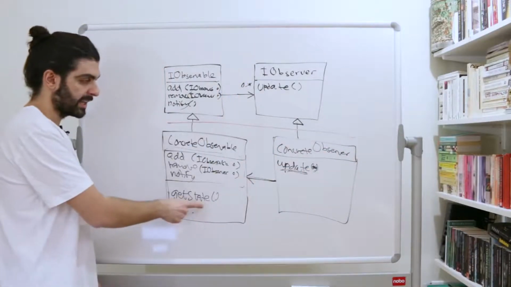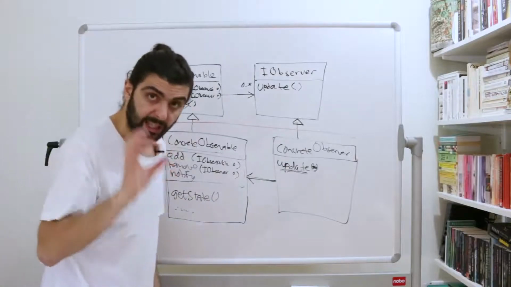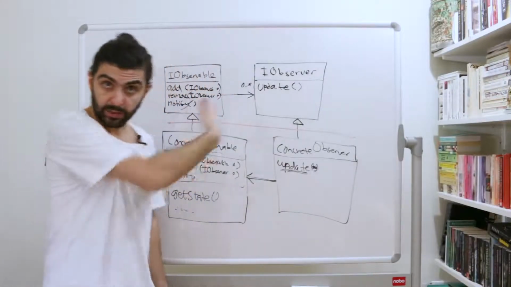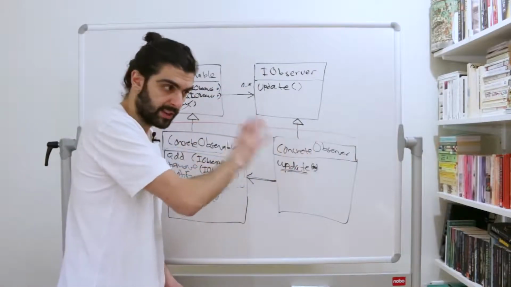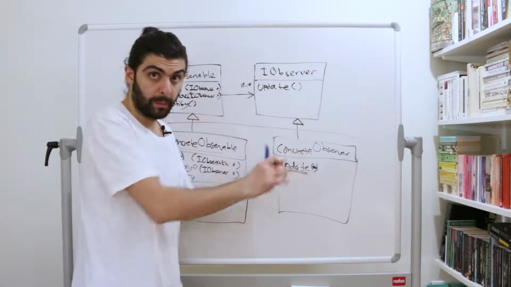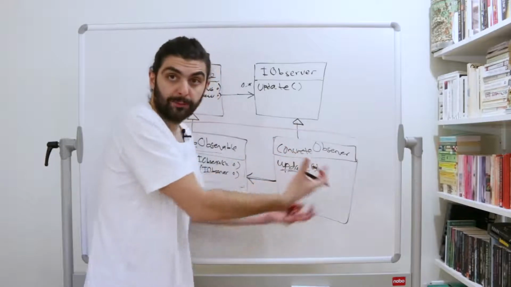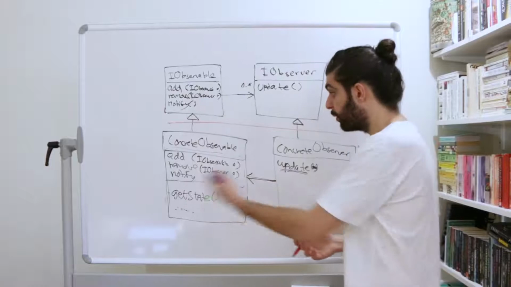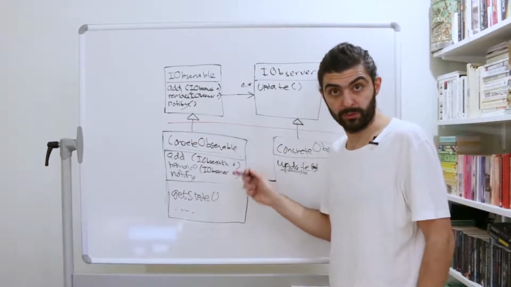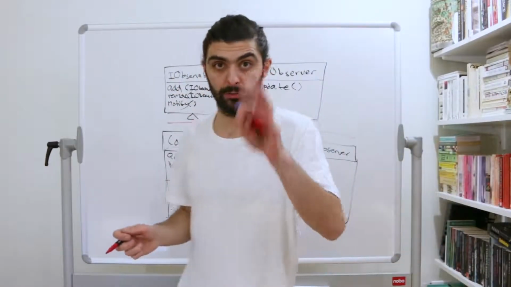So that's why the implementation of the update method lives in the concrete observer. And then we have the method getState, because the particular flavor of observer pattern that we looked at here is one where you push the fact that you have a change, but the observers have to pull data from the concrete observable. There are variations of observer pattern.